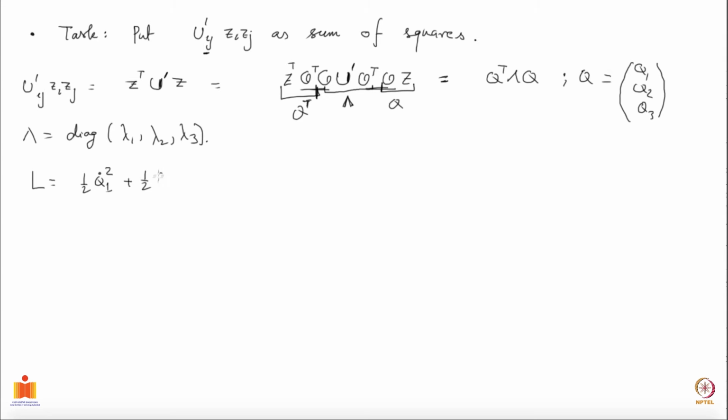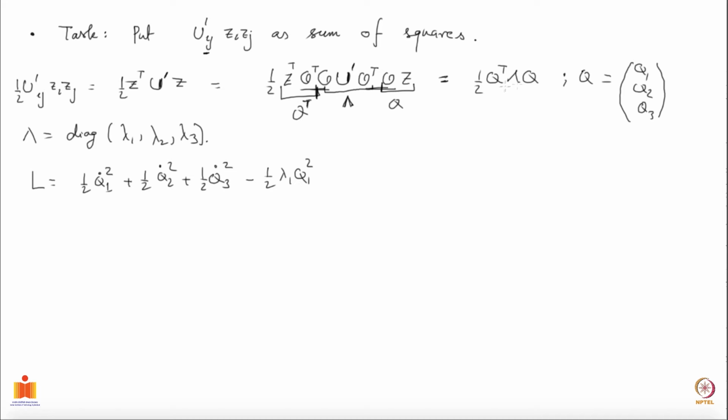Then the potential terms will give you minus half lambda 1 q1 square. Is that clear?